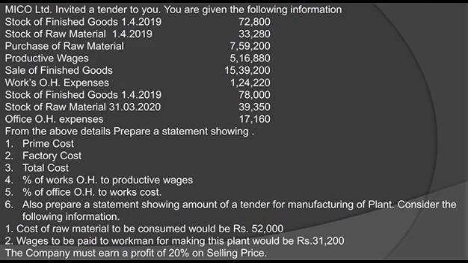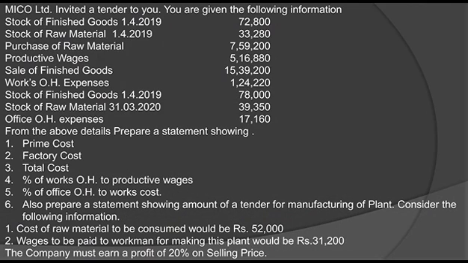Productive wages 5,16,880. Sale of finished goods 15,39,200. Works overhead expenses 1,24,220. Stock of finished goods on 31st March 2020, 78,000.